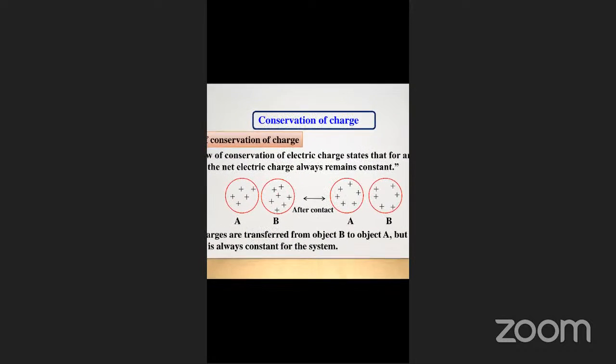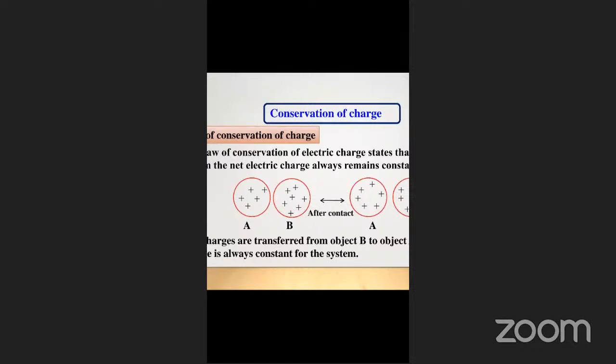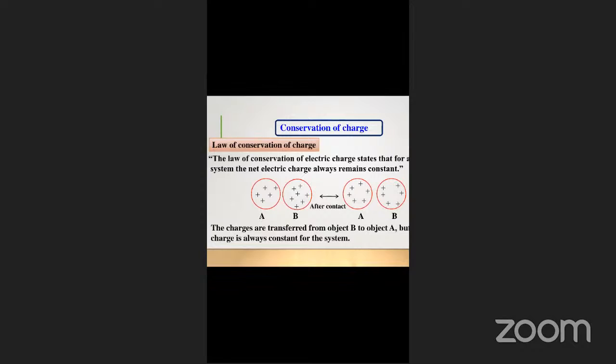So the next topic is conservation of charge. Already in the first year chapter on work, energy and power, you observed conservative force and non-conservative force.